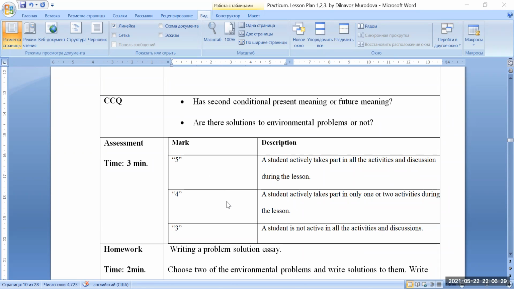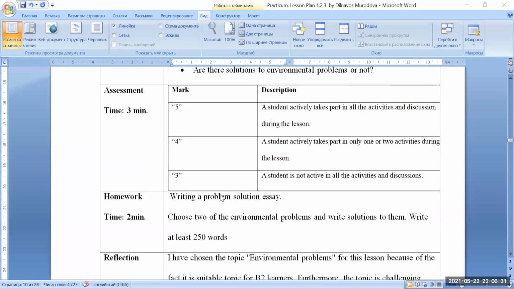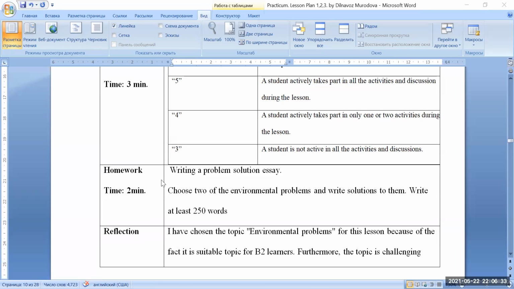Thank you very much. Now I want you to pay attention to your next homework. As homework, I want you to write a problem solution essay. In your essay, you should choose 2 of the environmental problems and write solutions to them also, okay? Your essay should have at least 250 words.